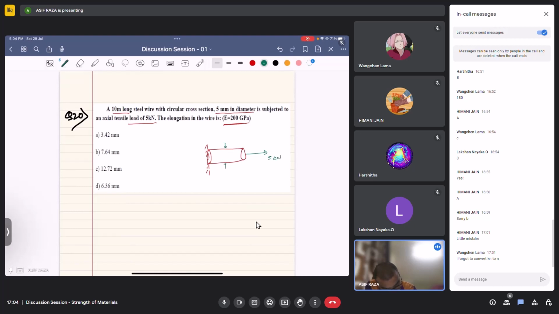Circular cross section, this is D, D is 5 mm, and this is the length. On application of load, the body will elongate a bit, that is delta L.